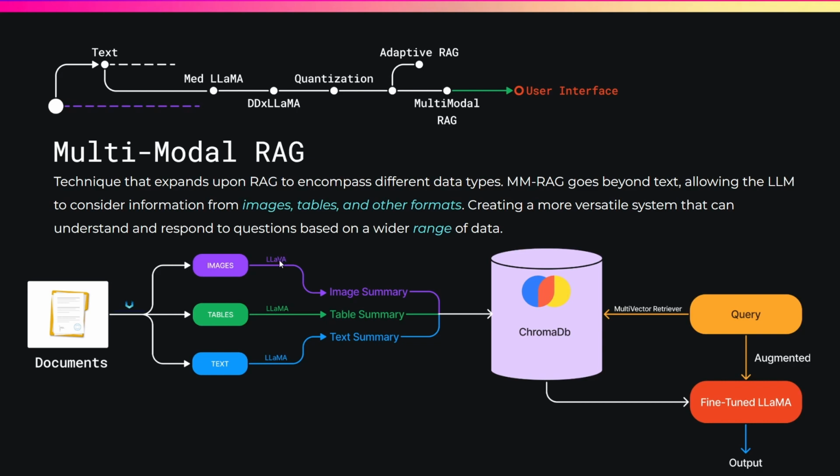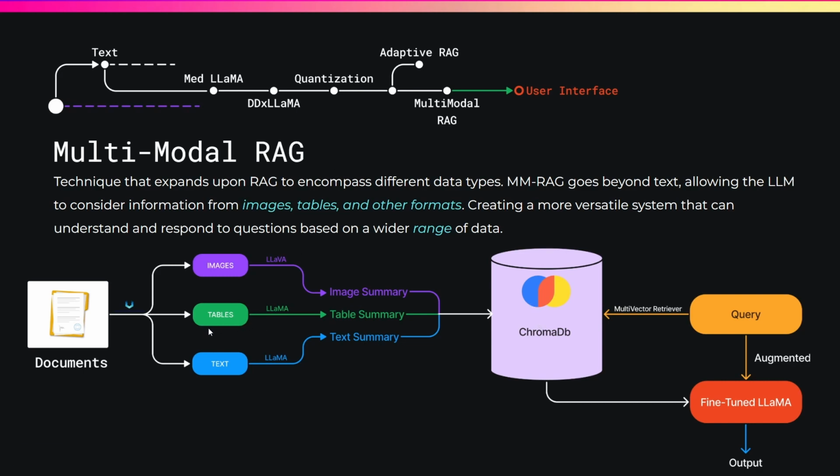This is not LLaMA, this is just plain LLaVA. LLaVA-Med was trained on the PubMed QA dataset, and LLaVA is a general multimodal LLM. So we use this LLaVA to generate image summaries of the images from the document, and then store this image summary as a vector in our Chroma DB.